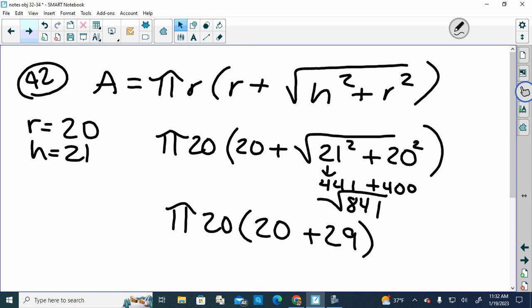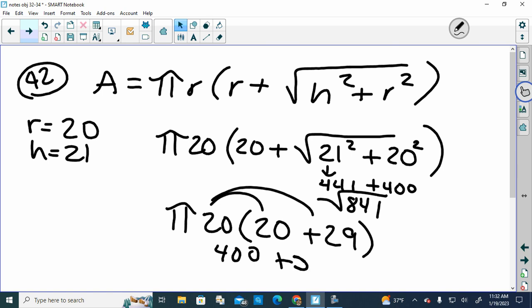Now typically we would multiply 20 times 3.14 and then distribute and then combine to do our order of operations. We're leaving this alone right now. We're going to distribute because we do multiplication before we do addition. So that would give me 400. 20 times 29 gives you, what'd you get?